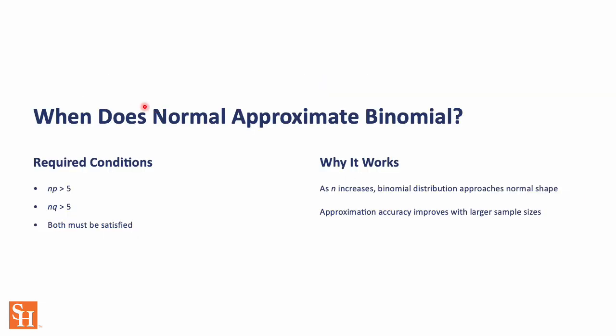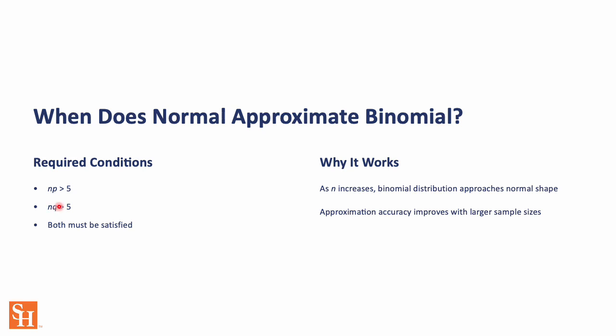Now we have already mentioned that we'll be using normal approximation for the binomial distribution. Now the question is, when can we use normal approximation for the binomial distribution? The condition that has to be satisfied is that n times p has to be greater than 5, where n is the number of trials and p is the probability of success in each trial, right?